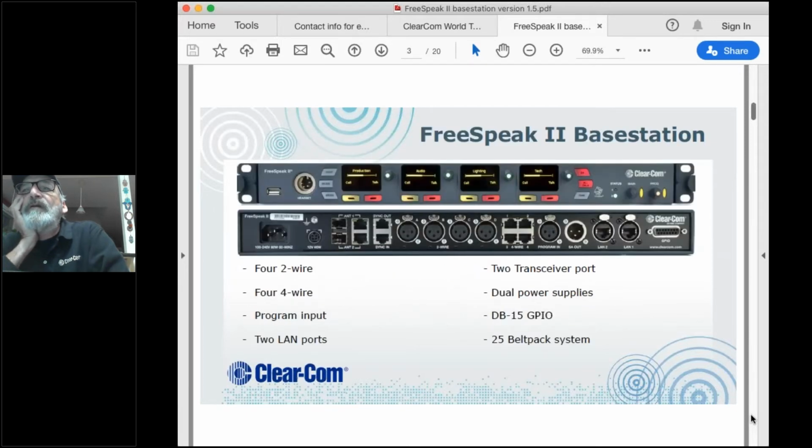There you go. Okay. So, as I was just describing, we were using the A port, the XLR A port to connect to the house, and we were using the RJ45 quad over there just to the right of those 4 XLRs. We were using RJ45 4-wire connector number 1 to connect to the OB van, the TV truck.